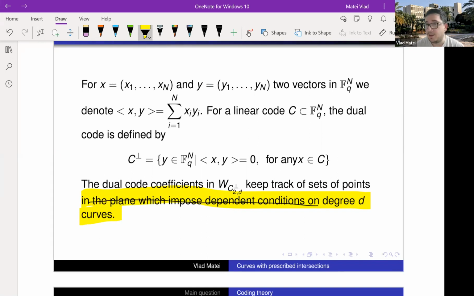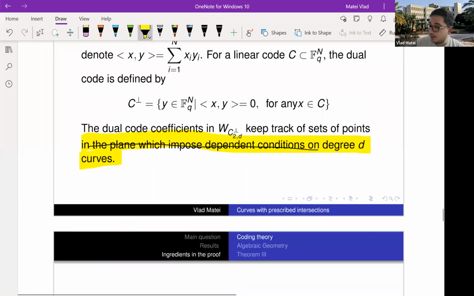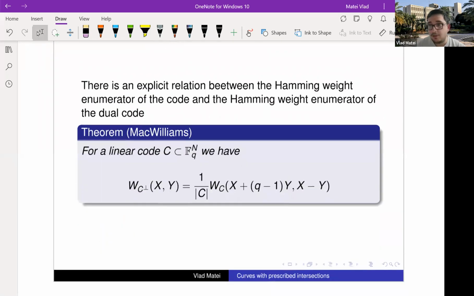So for example, if you have a lot of collinear points, then your line is already contained if you have too many. Like if you have a degree D curve and the curve already contains D plus 1 of those points, then it contains the whole line. So adding an extra point doesn't give you any information. Okay, and there's a relation that you can use to go back and forth between these two counts.